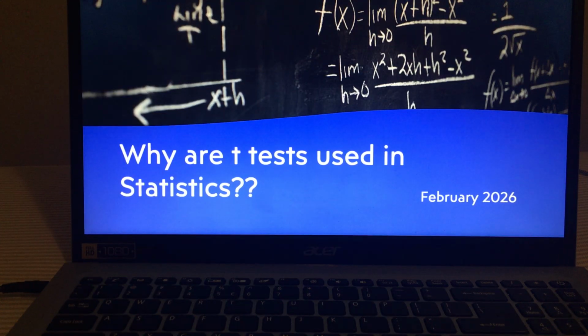So instead of going through these calculations in tedious detail, we're just going to jump straight into showing how to do the t-test in real life, and then we're going to use JASP, the statistical software, which comes with a dedicated analysis for conducting your t-test. It is very flexible, so it can run lots of different types of t-tests, and it is pretty straightforward to use.